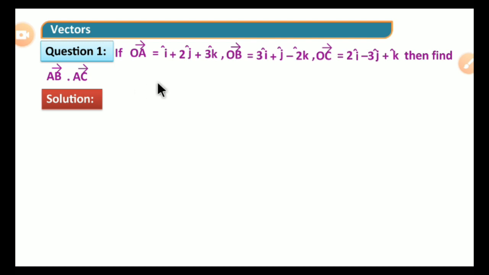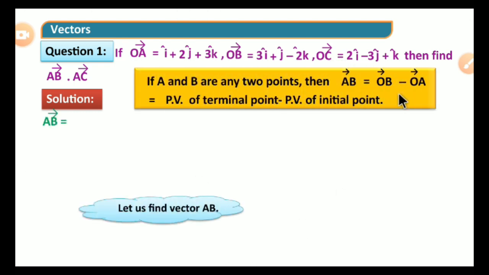Here OA is the position vector of the point A, OB is the position vector of the point B, and OC is the position vector of the point C. If A and B are any two points, then AB can be written as OB minus OA. So let us find the vector AB. AB vector is equal to OB minus OA.